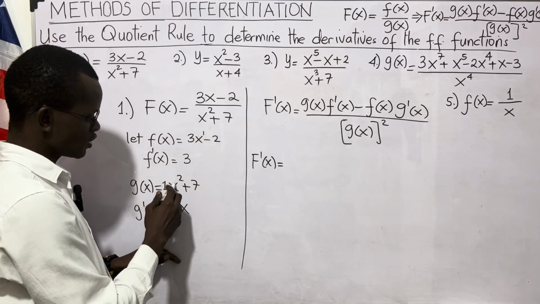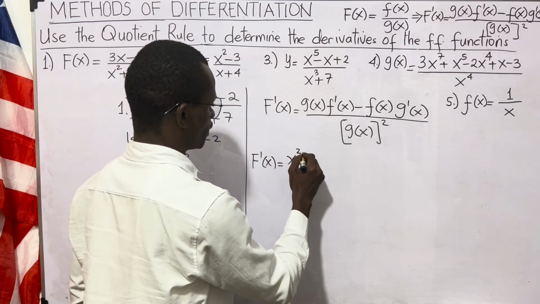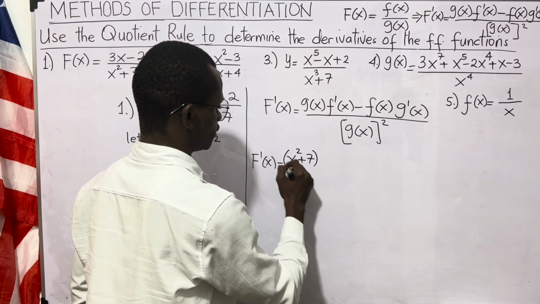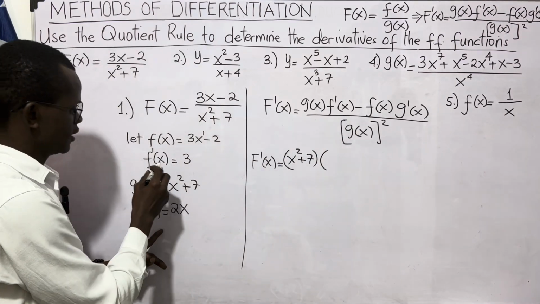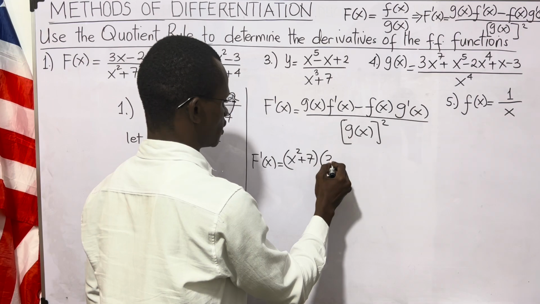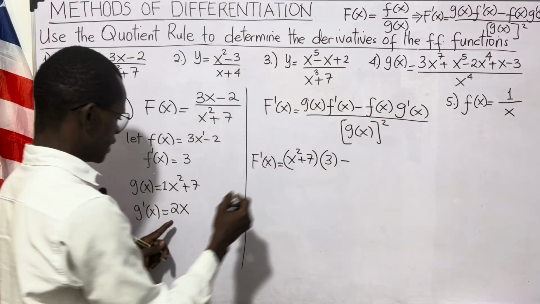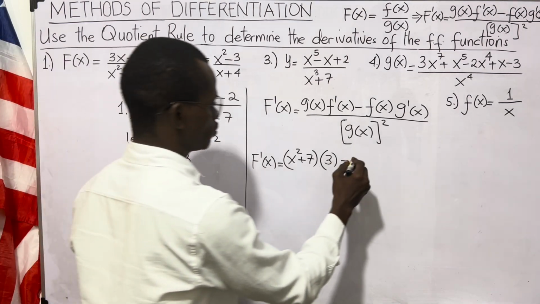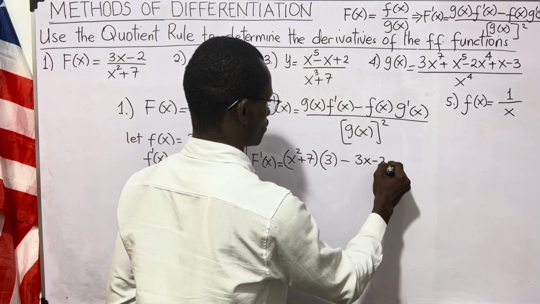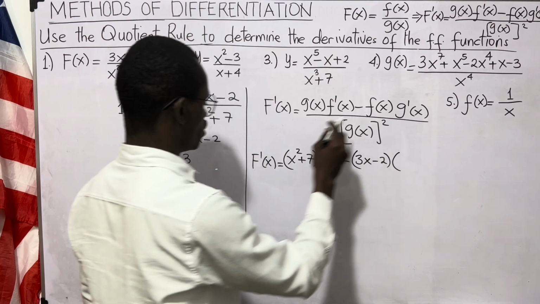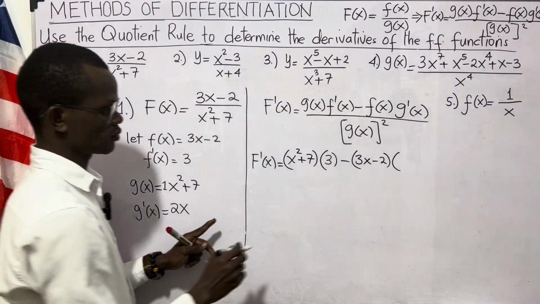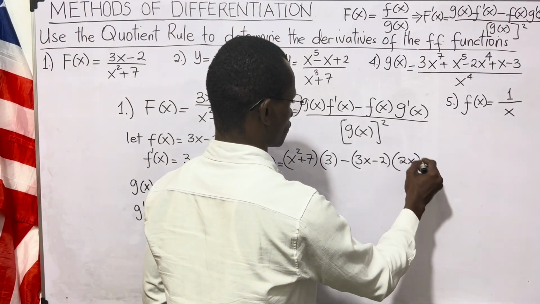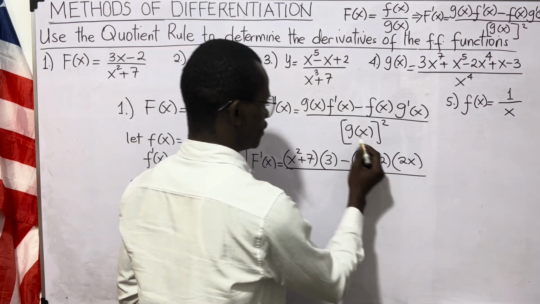So g of x is x squared plus 7, times f prime of x, which is just 3, minus f of x, which is 3x minus 2. And then g prime of x is 2x, divided by g of x.